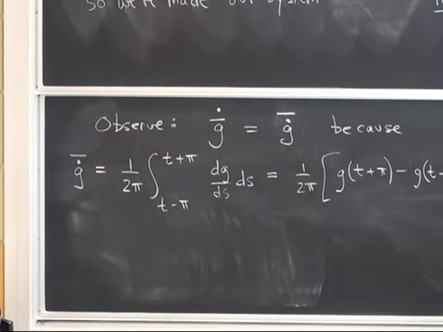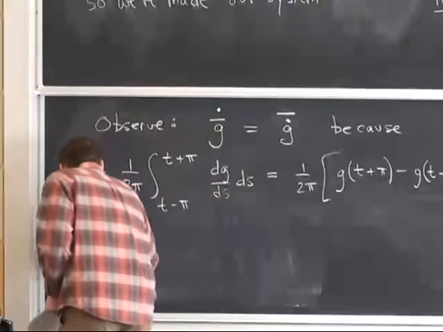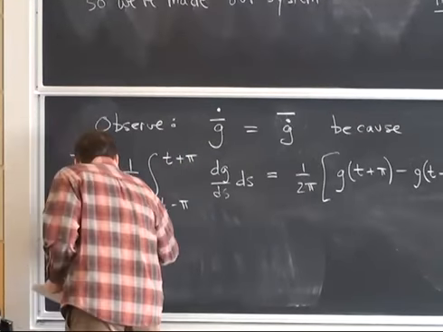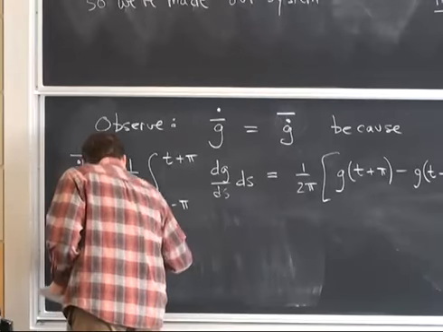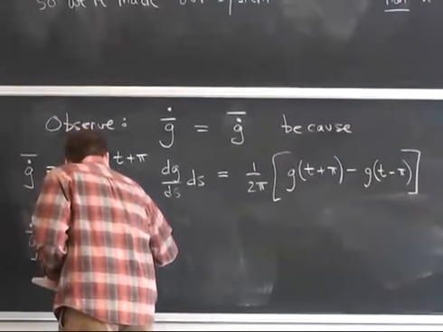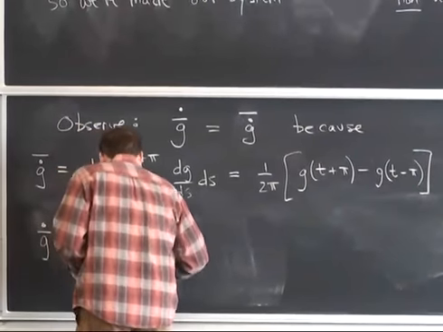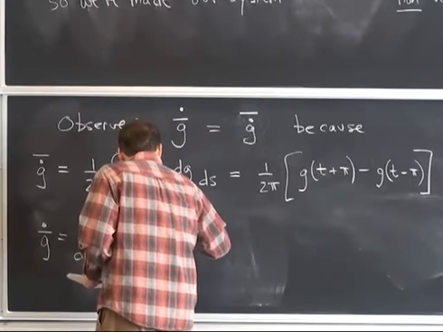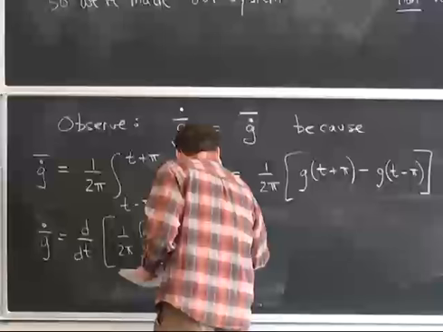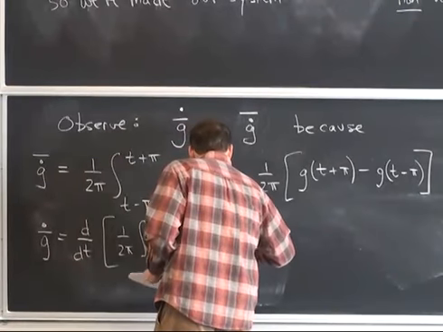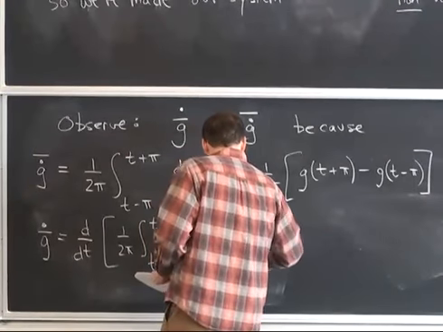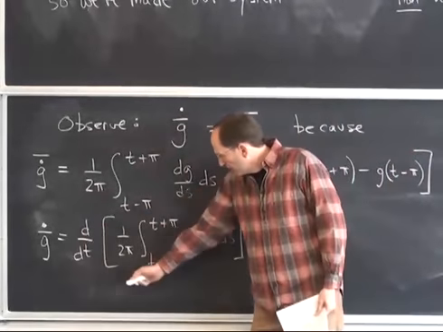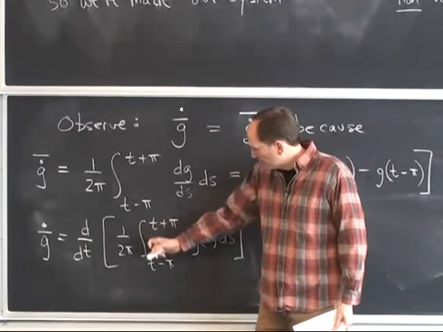And on the other hand, if I do it this way, g bar dot, let's see, what would I do? I'd go d/dt of g bar, so that's 1 over 2 pi integral from t minus pi to t plus pi, g of s ds. And now you have to remember how to do a time derivative of an integral which has limits that depend on t.